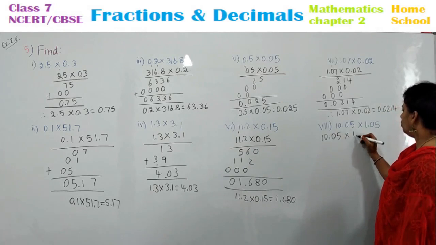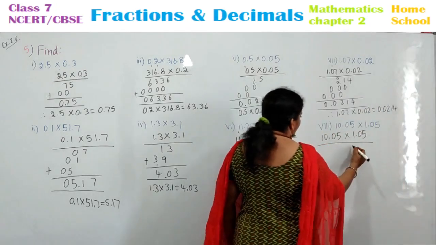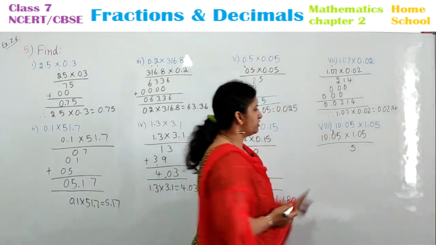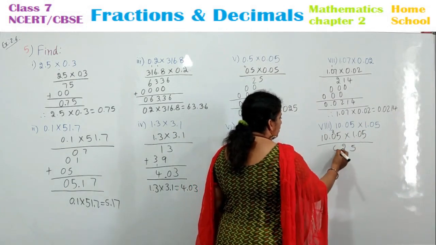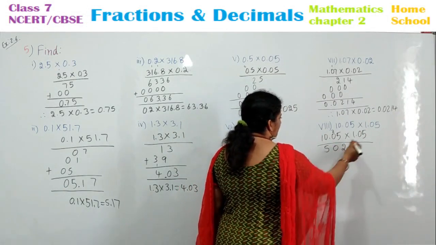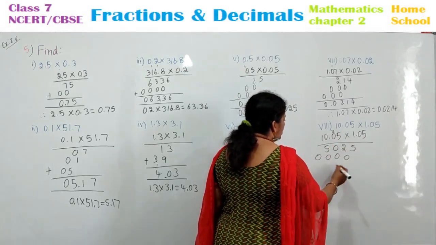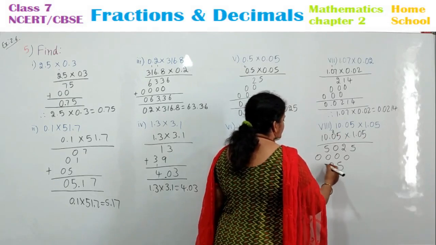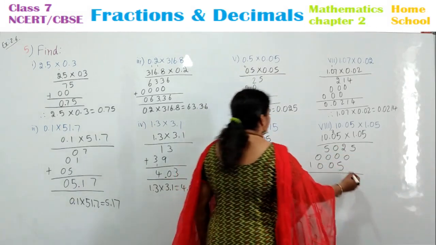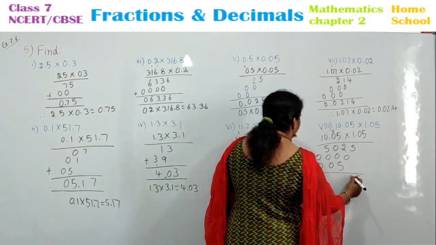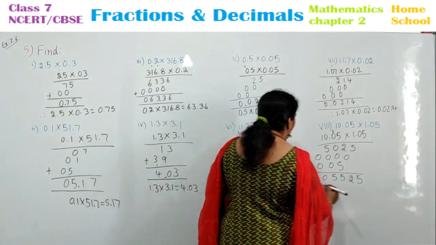10.05 into 1.05. So multiply. 5 5s are 25. 5 zeros are 0. 0 plus 2 will be 2. 5 zeros are 0. 5 ones are 5. And with 0 if you multiply, 4 zeros. 1 you multiply, 5, 0, 0, 1. Now add all these, children. 5, 2, 5, 5, 0, 1.